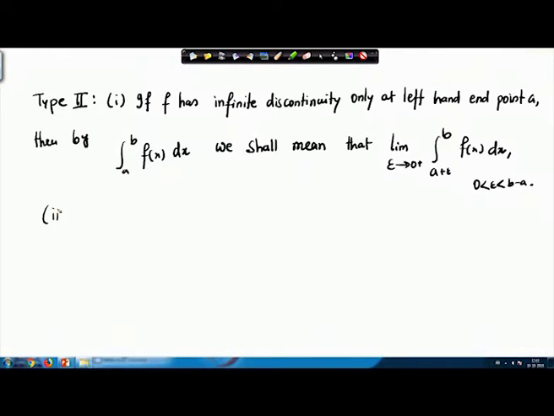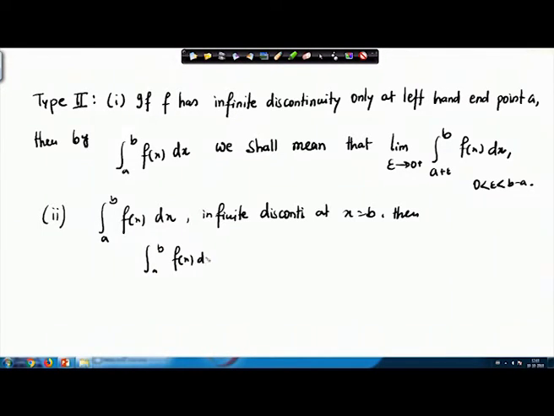Similarly, what I'm trying to say is that if we have infinite discontinuity at the point x equals b, or the right hand endpoint, then in that case the value of the integral a to b f(x) dx would be equal to limit epsilon goes to 0 plus of the integral a to b minus epsilon f(x) dx.